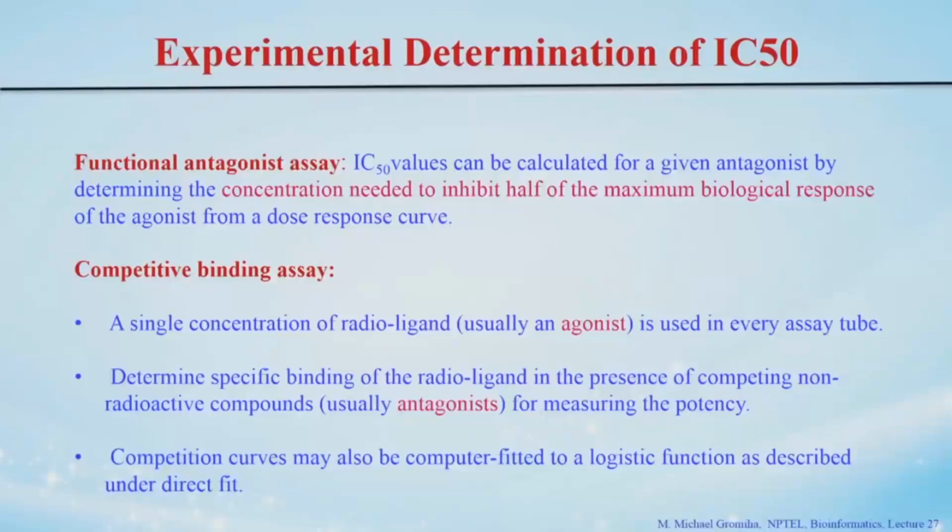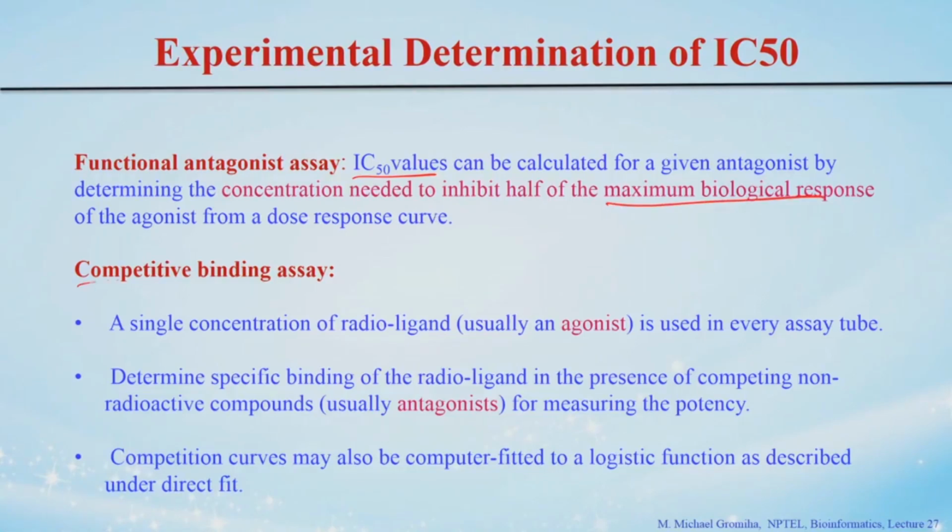One is a functional antagonist assay. So, you can get the IC50 values for any antagonist by determining the concentration needed to inhibit half of the maximal biological response of the agonist from the dose response curve. We can get the dose response curve, and you can see how much concentration is required to inhibit the maximal biological response.